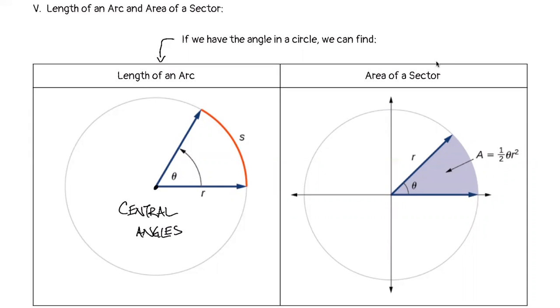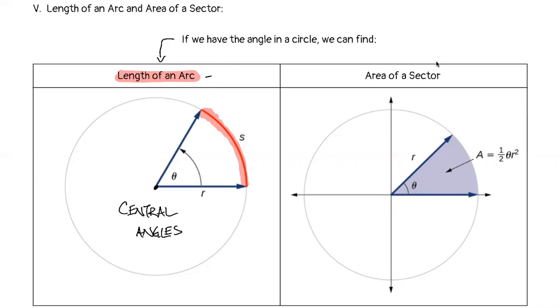But if we have a central angle, however big it is, the arc that sweeps out on the edge of the circle, this part, then if we have a bigger angle, we'll have a bigger arc. If we have a smaller angle, we'll have a smaller arc, okay? So the length of the arc is nothing more than how much of the edge of the circle we have given an angle, all right?